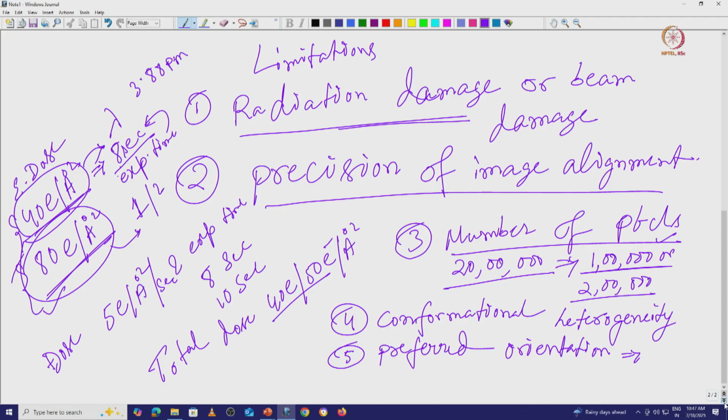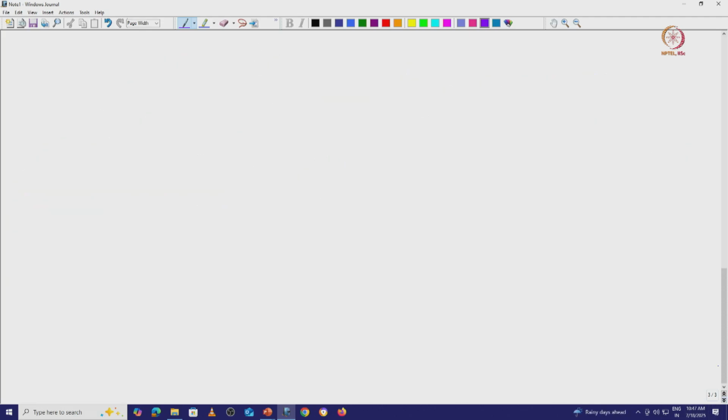Let me give you one example of preferred orientation. Consider that you have a sample something like this. If it is your 3D view, what do you expect? If you look at this object from the top, you should see a circle. If you look from the side, you can see this kind of thing.